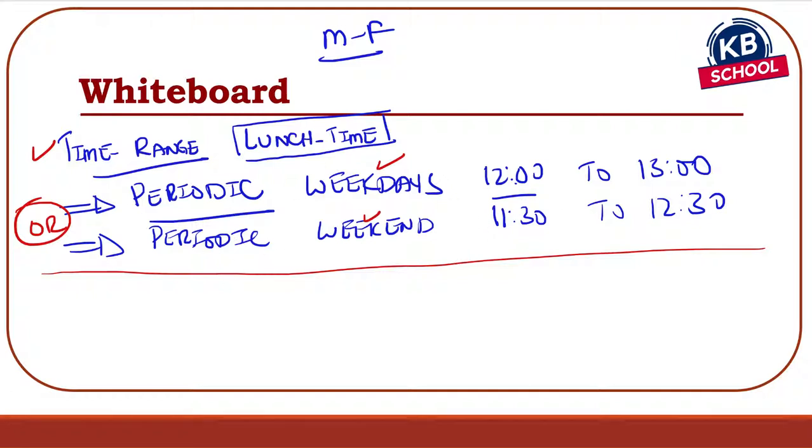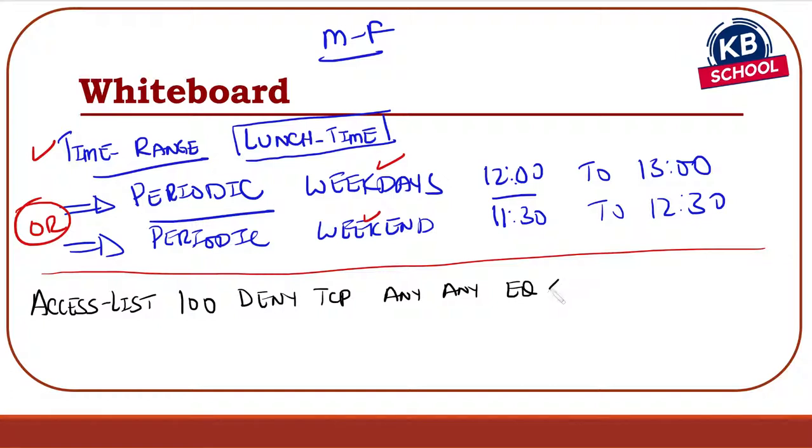Now, in order to apply it, I go to my ACL, create the normal ACL. It could be numbered or named. Let's say that example for the internet. I would say deny TCP any EQ 80, and this would deny web traffic completely, but I don't want to deny it completely.